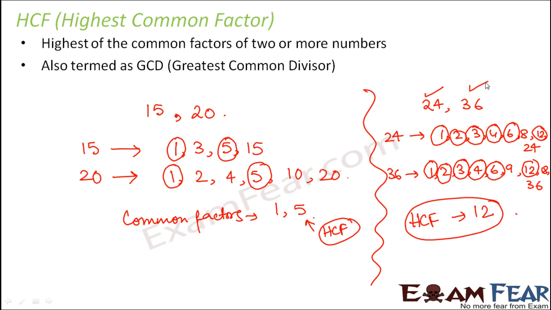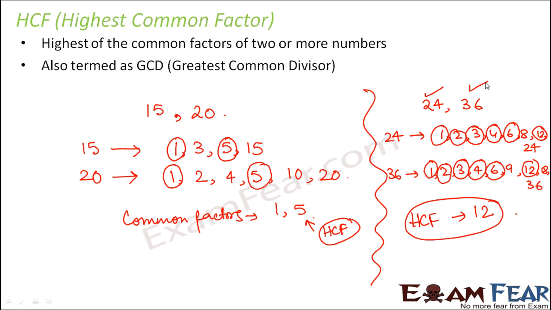So 12 is a divisor for both 24 and 36, and it is the greatest common divisor. This is the greatest possible number which can divide both 24 and 36 exactly. That is the exact meaning of highest common factor or HCF. It is also sometimes called GCD, that is greatest common divisor, but most commonly it is termed as HCF.